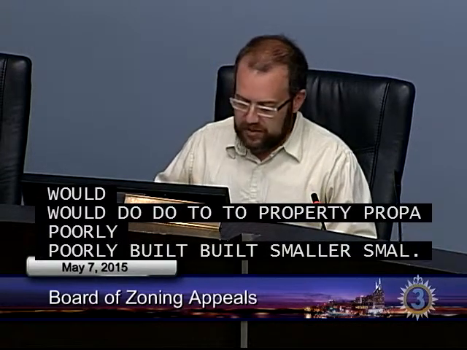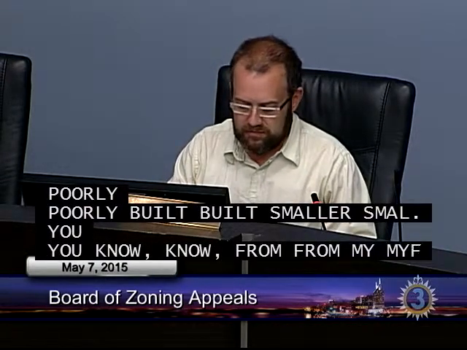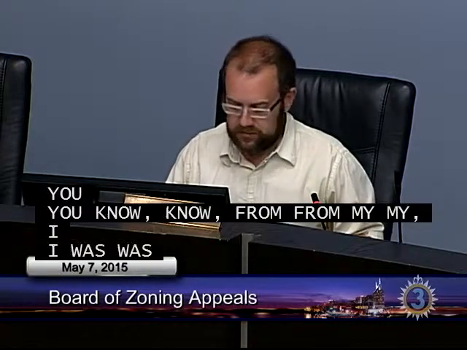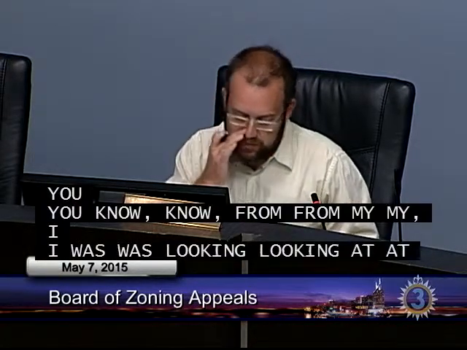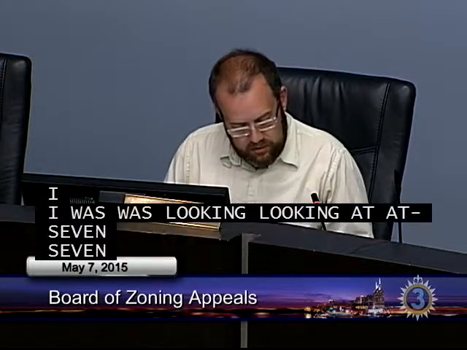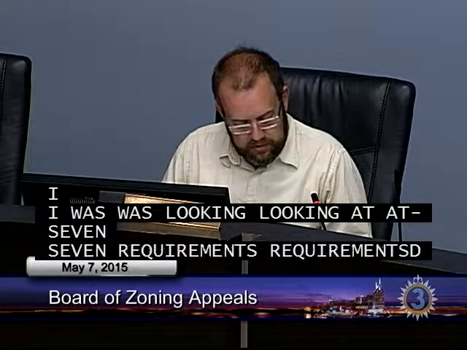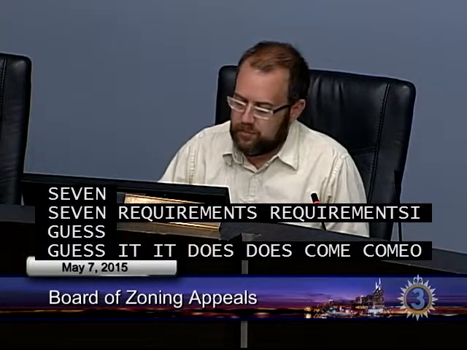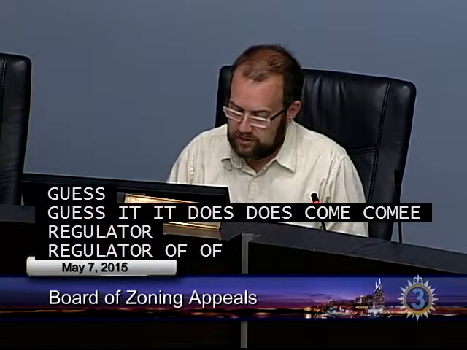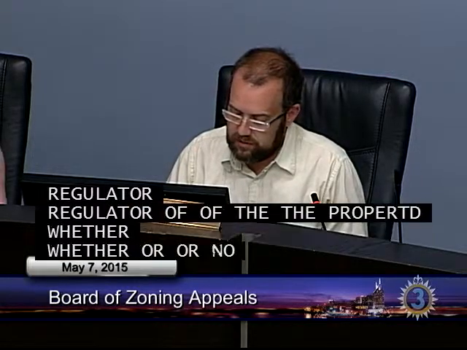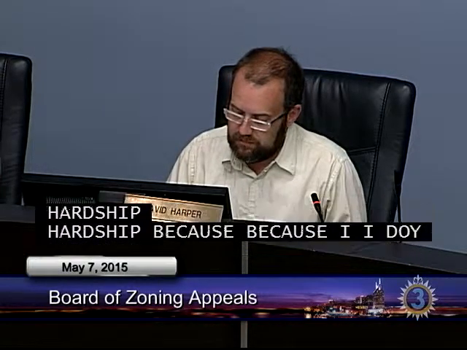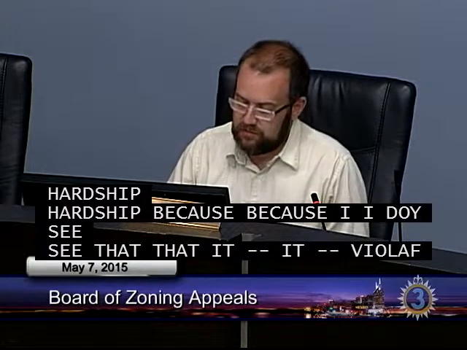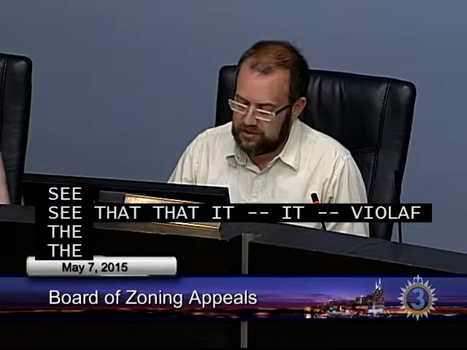From my point of view, I was looking at the 5, 6, 7 requirements, and I guess it does come down to the irregularity of the property and whether or not that is a hardship, because I don't really see that it violates any of the other 6 items that we're to consider.